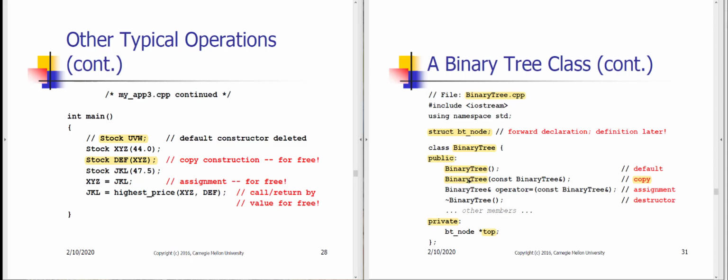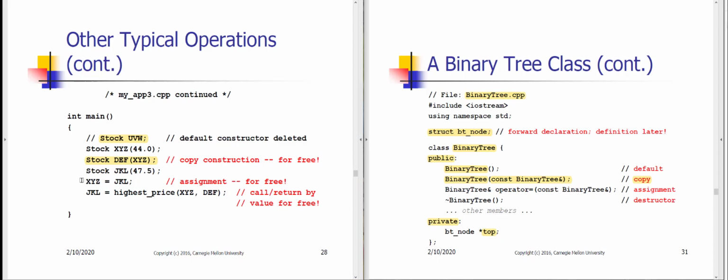Notice that the argument being passed in to the binary tree copy constructor is a reference to a binary tree const. That is, we pass in a reference to an existing binary tree. We specify that it's const because our constructor is promising that it won't change that existing binary tree. And we're passing in a reference for efficiency here.